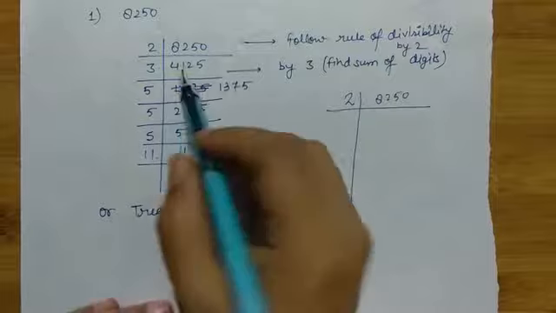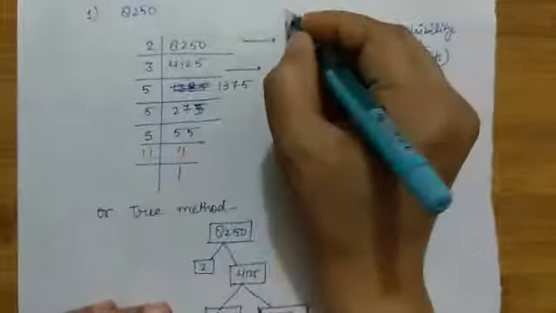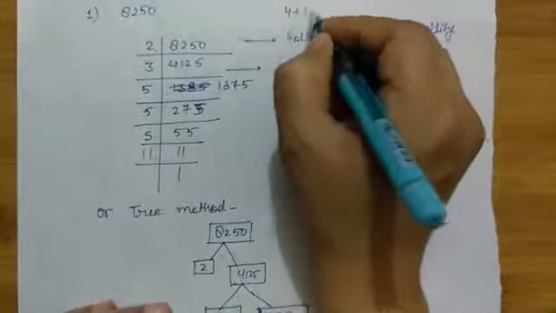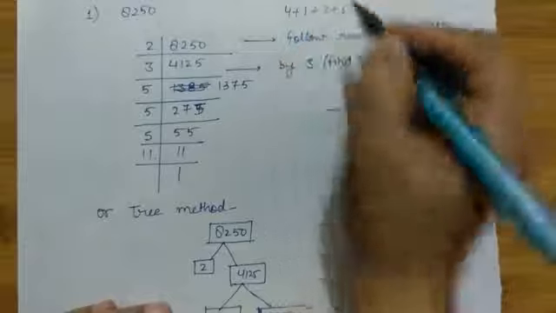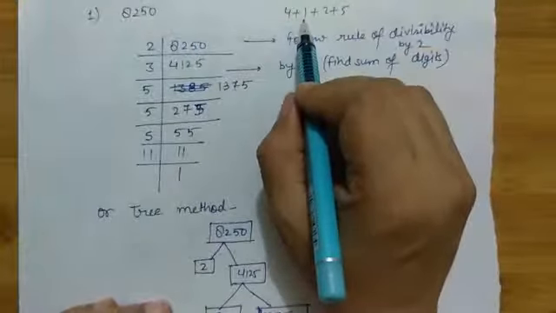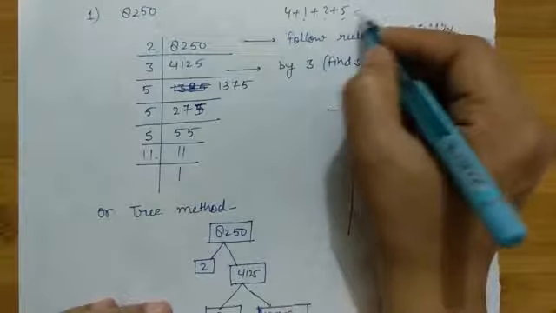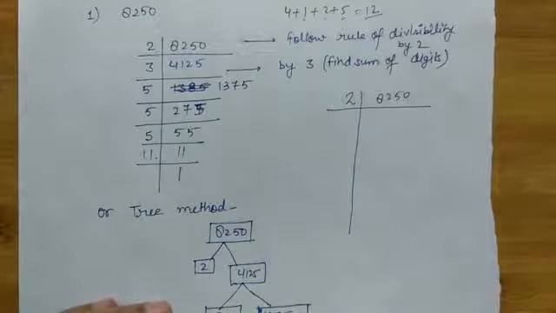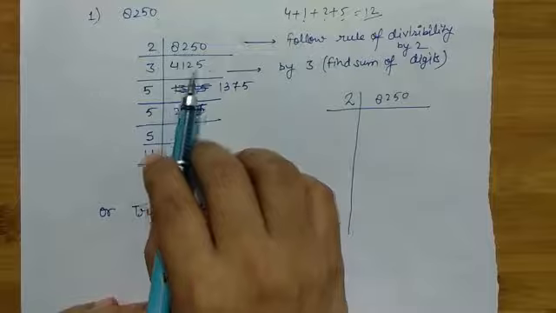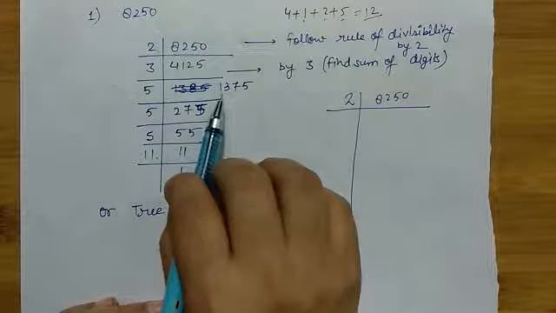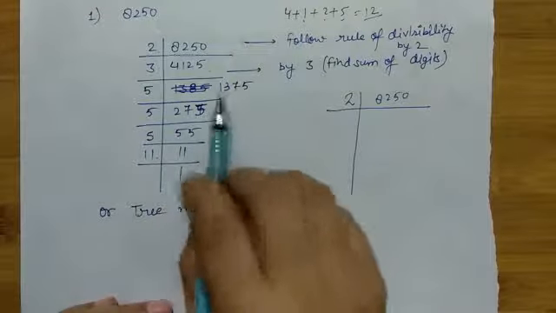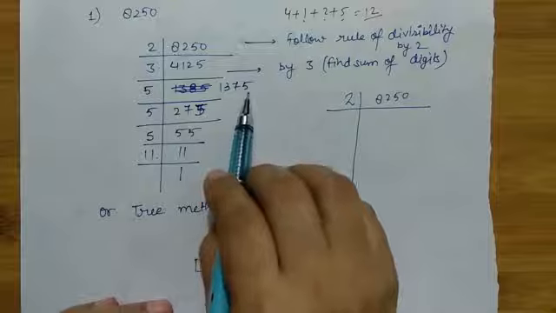For that we have to find the sum of its digits: 1 plus 4 plus 1 plus 2 plus 5, which is 13. Since the sum is divisible by 3, the number is divisible by 3, and as we divide it, we get 1375.